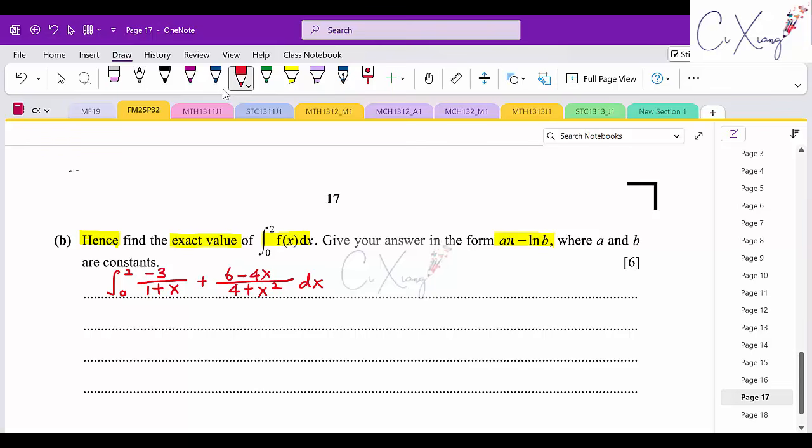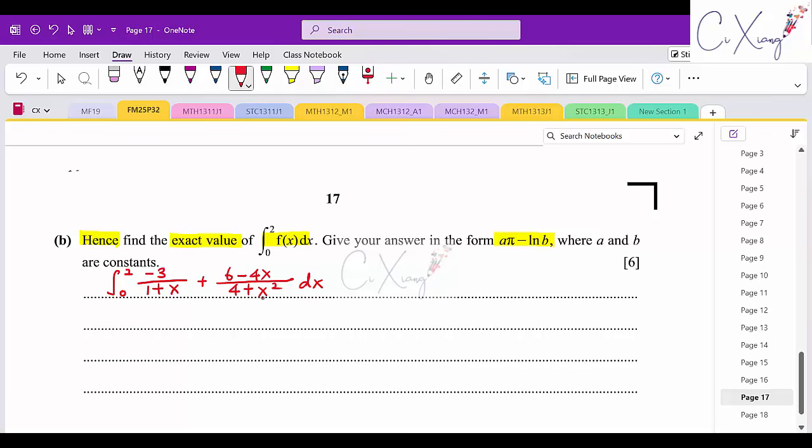Okay, now let's do a little bit of analysis about the integration. For this part, the integration is not a big problem. It is basically the formula for integrating 1 over ax plus b. Then our problem is this part. You cannot integrate it directly.